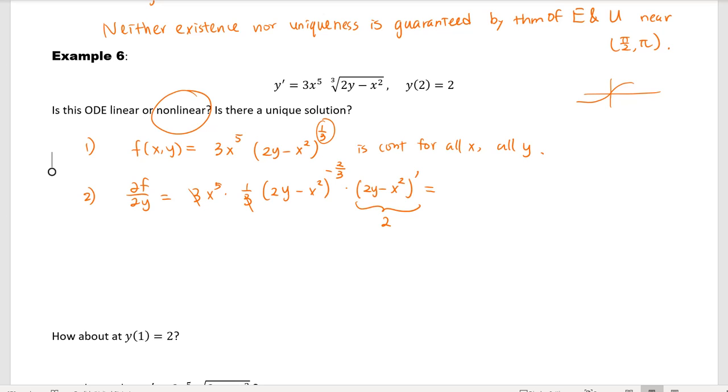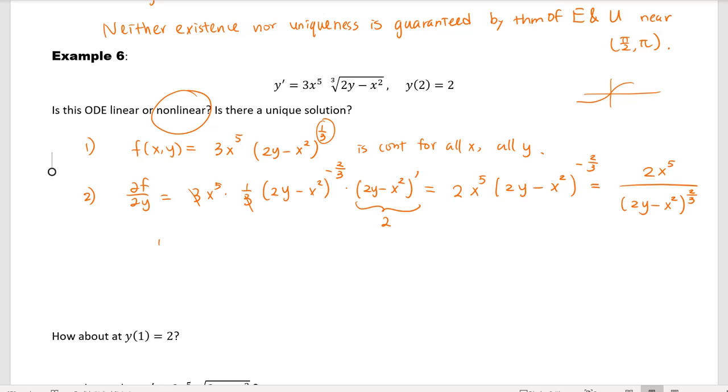Okay, now what do we get? We get 2x to the 5th, and then 2y minus x squared to the negative 2/3. Well, negative means it's actually in the denominator, to the 2/3.